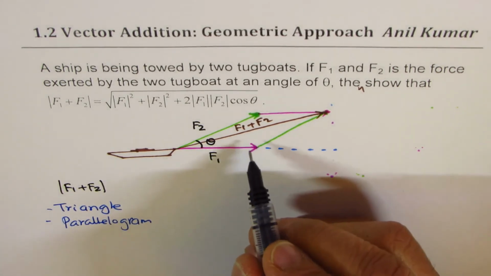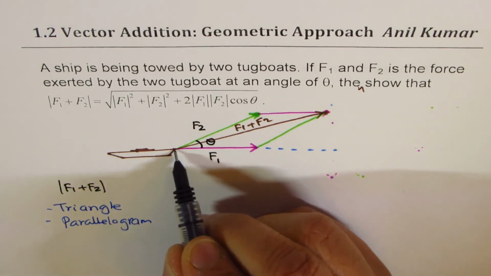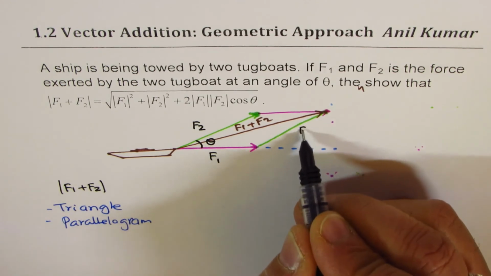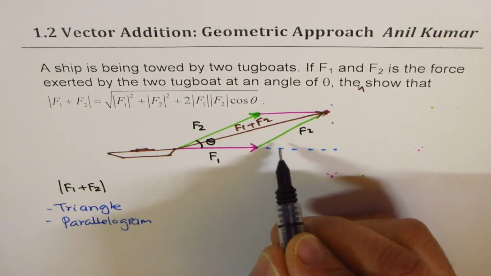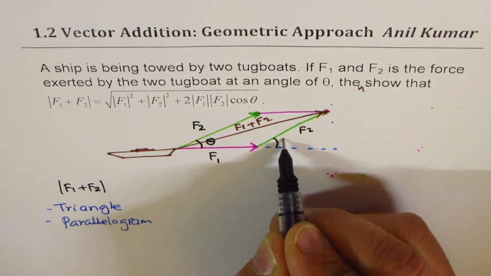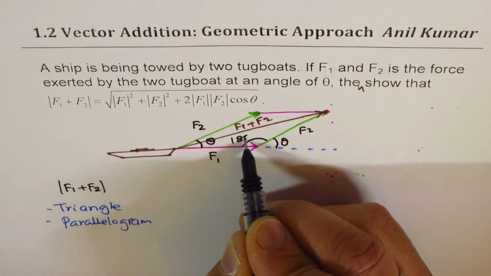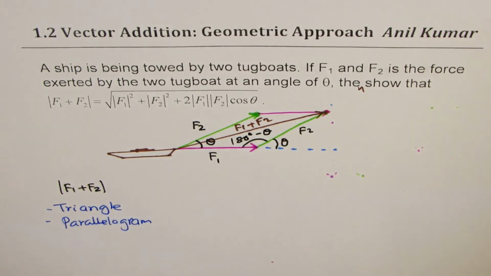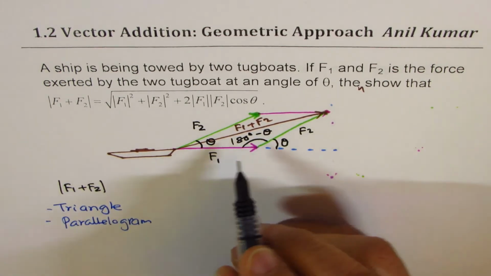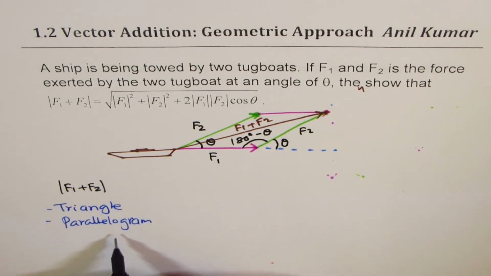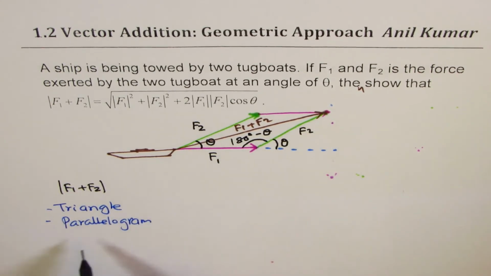If I am considering a triangle, then I am considering only these two sides, F1 and F2. Right? Now, here the angle is theta. What is the angle inside? The inside angle is 180 degrees minus theta. Perfect. So both triangle and parallelogram actually give you the same figure. Do you see that? That's important to understand.